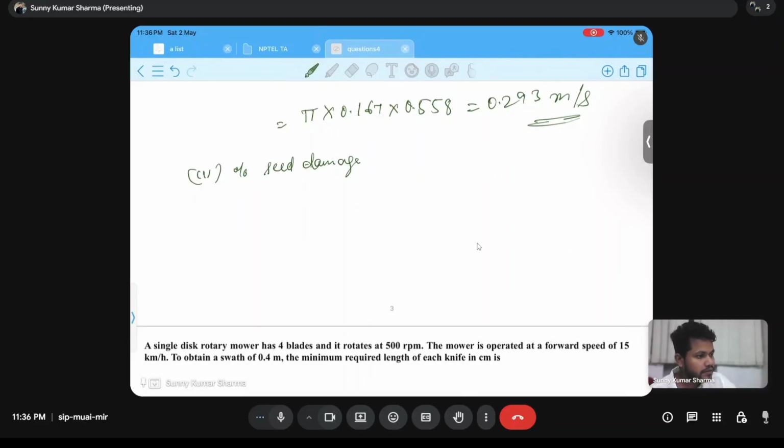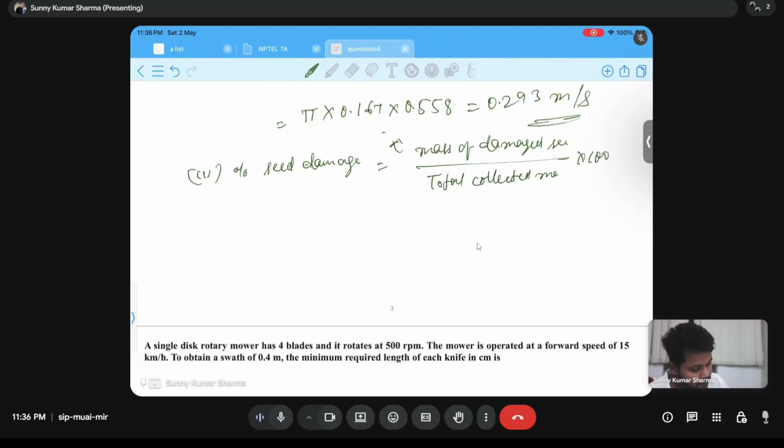And for that, the mass of damaged seed is given. Mass of damaged seed, we will divide it by total collected mass into 100. So the mass of damaged seed given is 0.95.